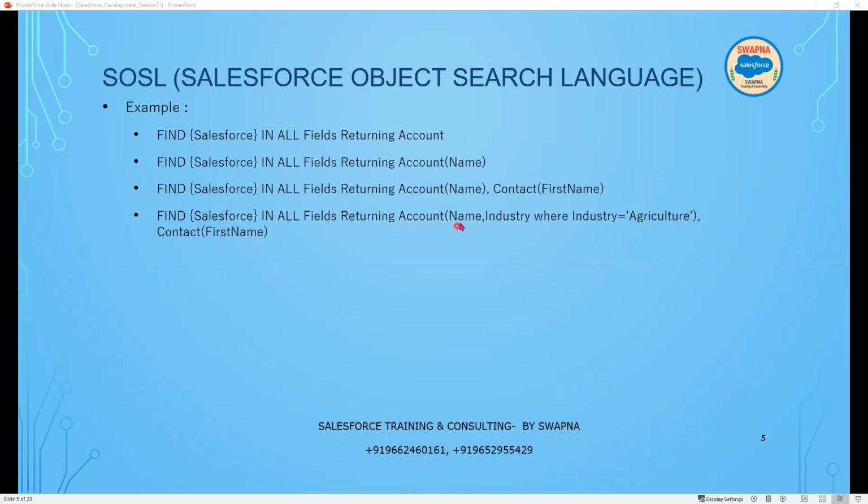Within the account, open bracket, you can specify the where condition. Now inside this where condition, you can specify industry equal to agriculture. Similarly, if you want to check the where condition in the contact also, you can check the where condition.